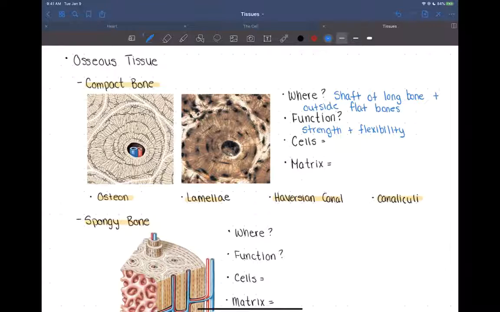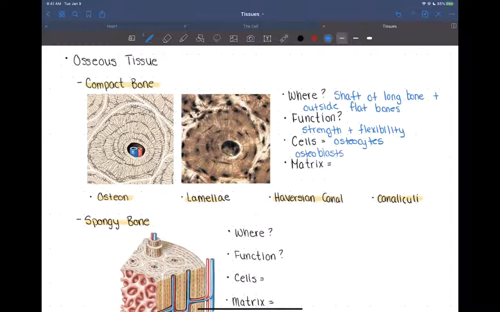Okay, and so with bone, our cells are going to be osteocytes. All right, and so those osteocytes, those are mature bone cells. And we'll also talk about in the bone chapter osteoblasts.